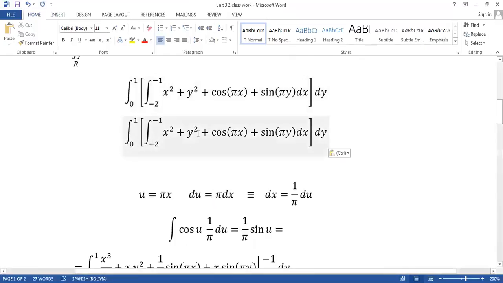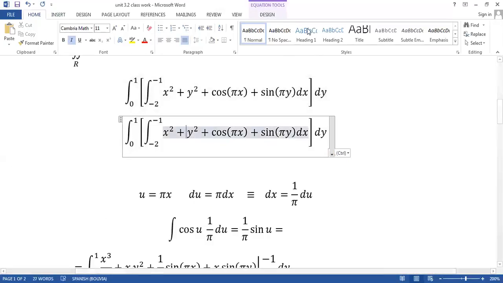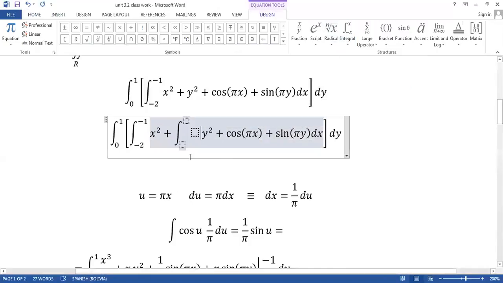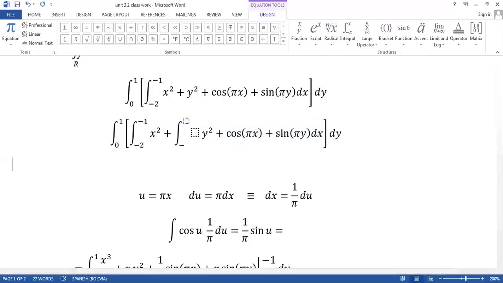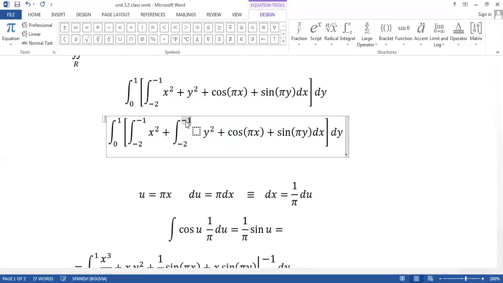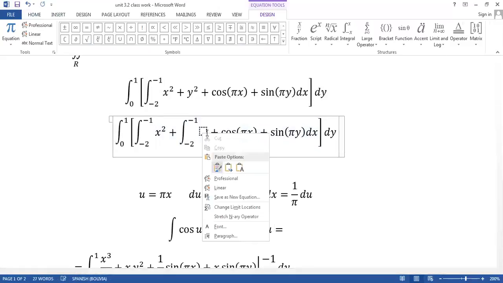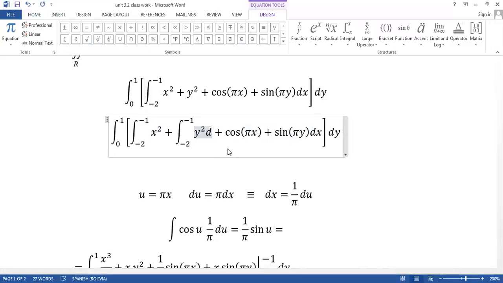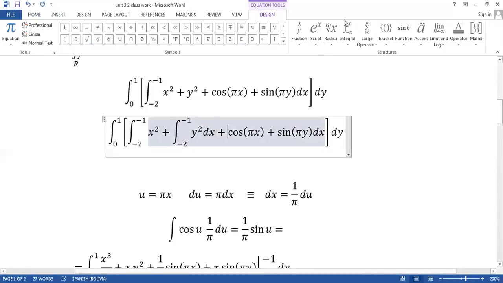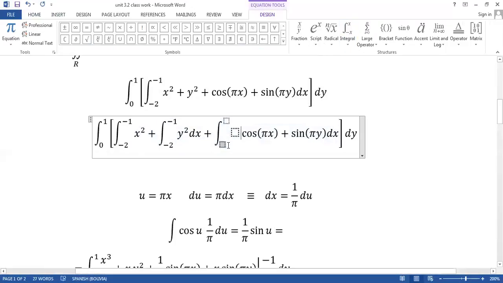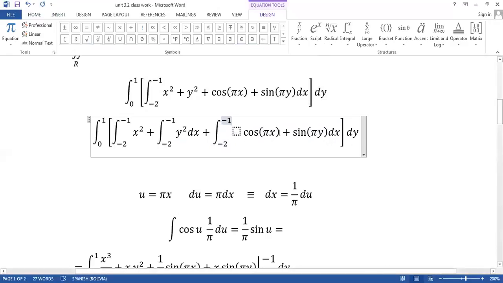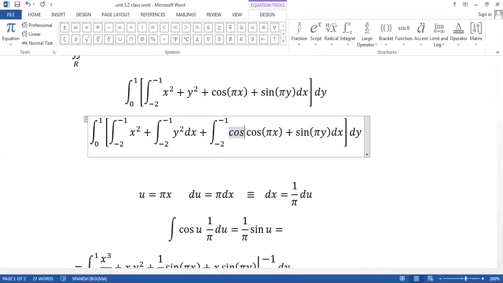All right. Integral sign here. Move this. Cosine.